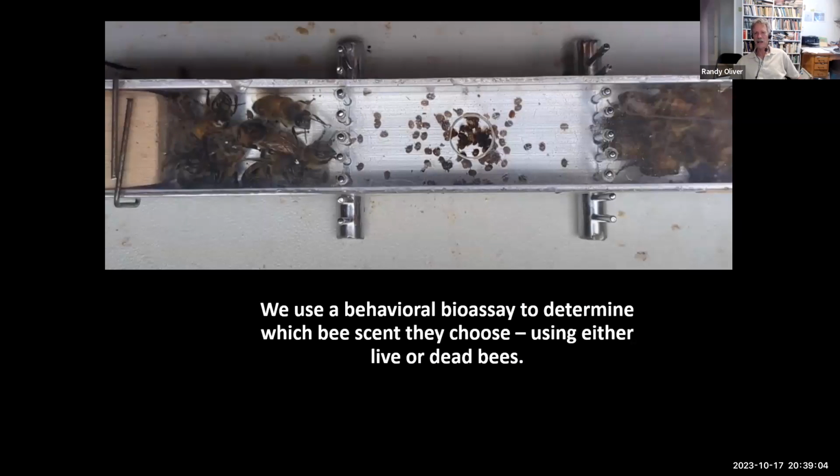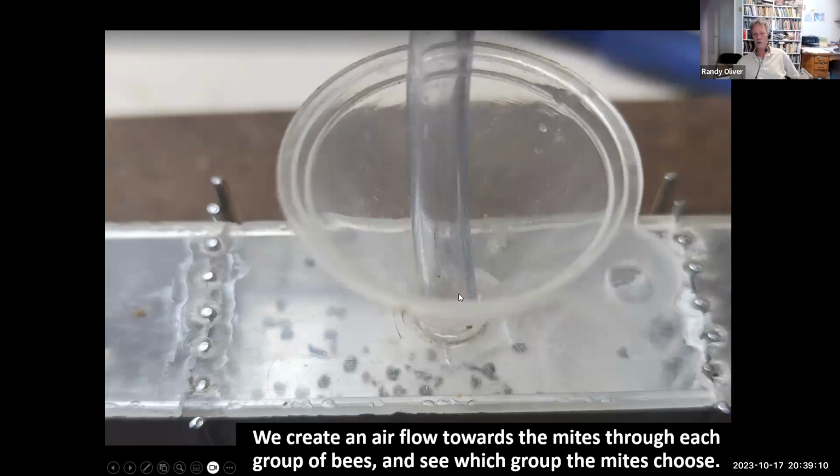And I'm going to see how these live mites respond to the odor of either group of bees. So I hook up a slight vacuum, an aquarium vacuum tube, to the middle. So I draw air in over the bees at either end. So you have two air plumes coming in here with different scents, and the mites get to choose which way they go. This takes a fair amount of work setting these trials up.